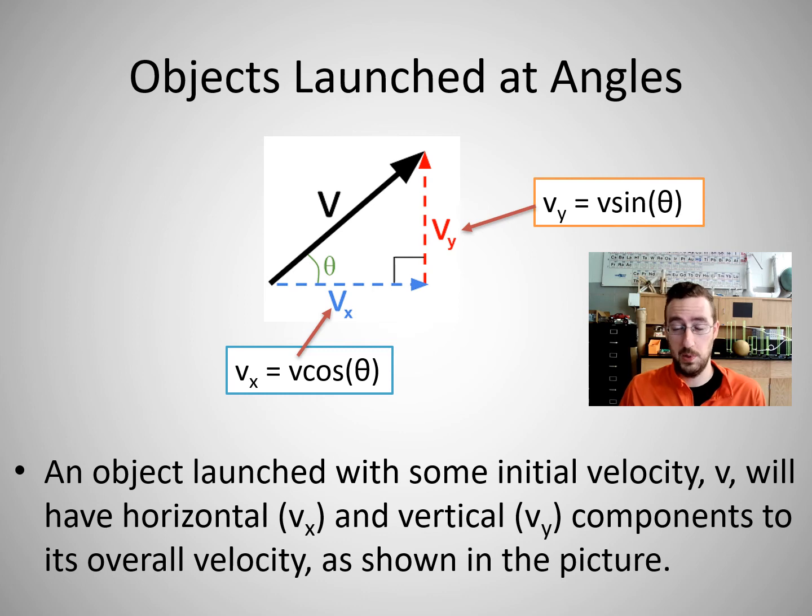The horizontal component is often abbreviated as vx, meaning horizontal, and vy, meaning vertical. And the horizontal component is v cosine of theta, so whatever the hypotenuse of this triangle is times cosine of that angle. And the vertical component is v sine theta, so the hypotenuse times sine of theta. All in degrees, not radians.